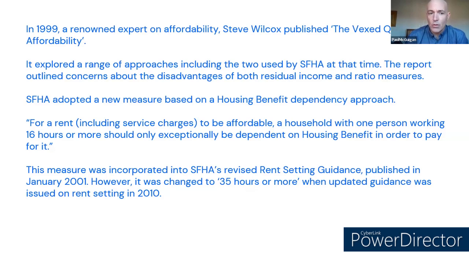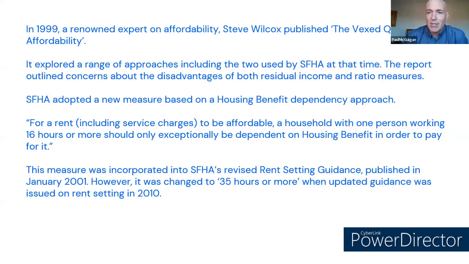And this definition was, for a rent including service charges to be affordable, a household with one person working 16 hours or more should only exceptionally be dependent on housing benefit in order to pay for it. And this measure was incorporated into our guidance, which we published in 2001. But then 10 years later, we changed that to 35 hours or more when we produced the updated guidance, and we issued that to members.